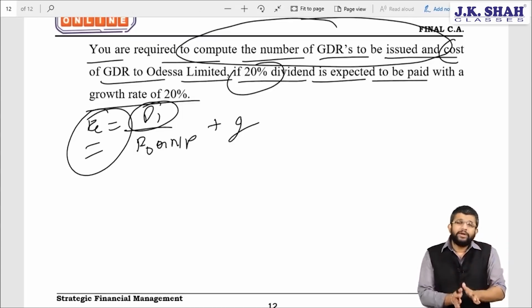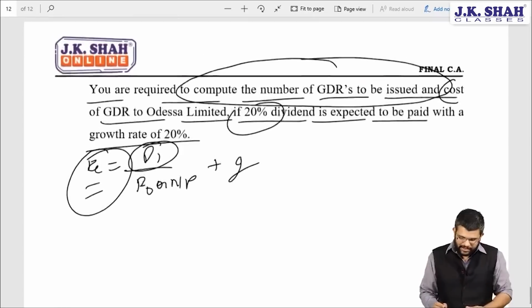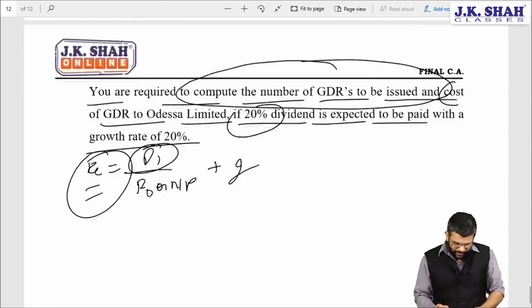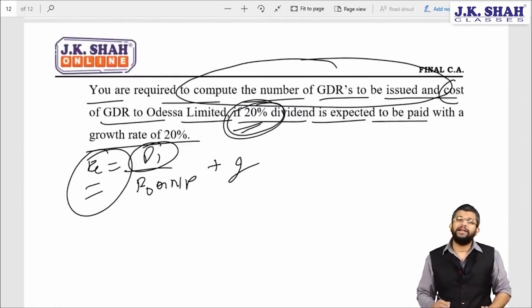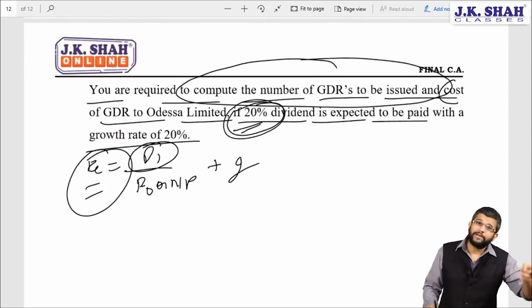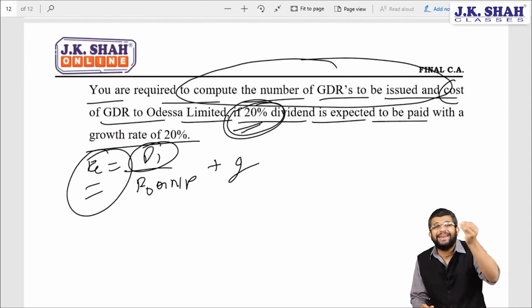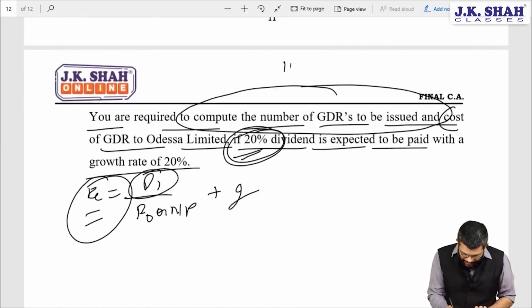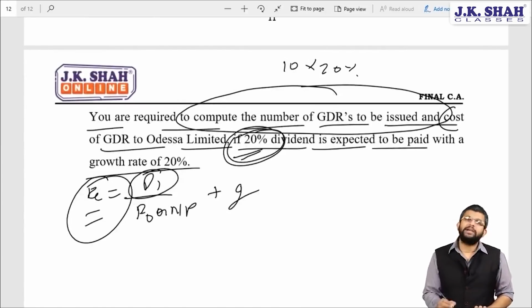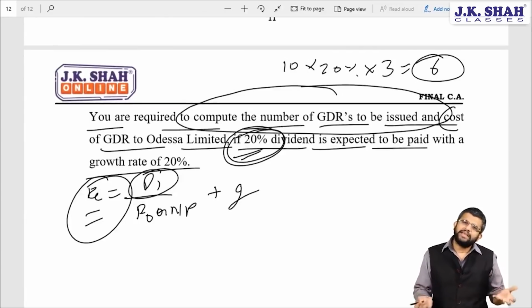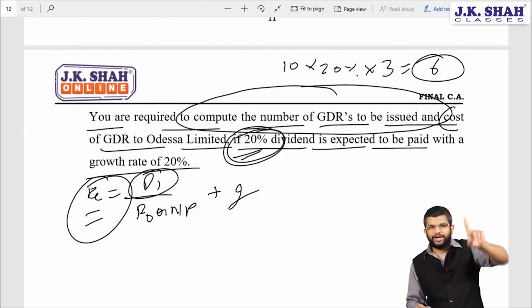Per share, 20% is the dividend on the face value, and the face value is not given in the question, so I'm assuming it to be 10. On 10, if 20% dividend is given, for 3 shares, 6 rupees is the dividend per GDR.